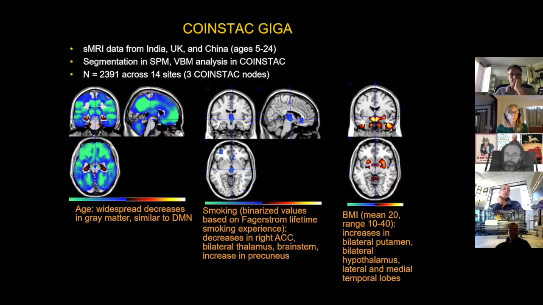Here's an example of the VBM output from the GIGA analysis, and this was our first use of an image-based analysis within COINSTAC. So we have voxel-wise maps of age, smoking, and BMI in about 2,400 subjects across 14 sites, but they were run through 3 COINSTAC nodes.